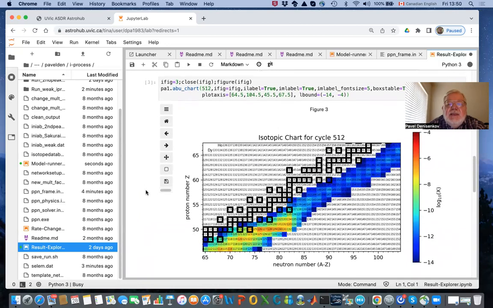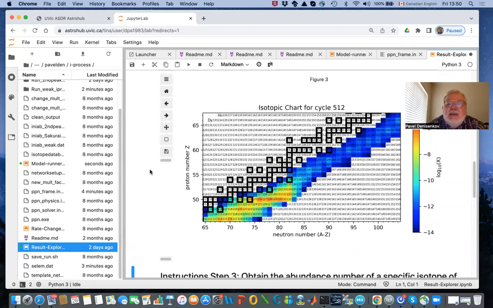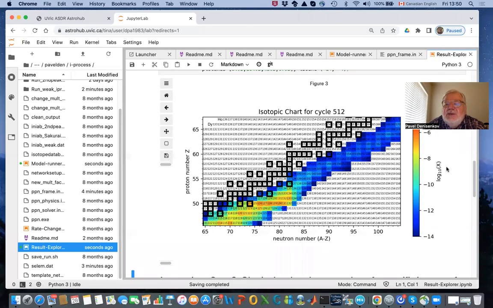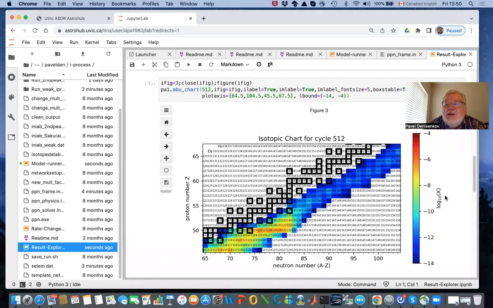Yeah, this plot shows mass fractions with these colors. There is a color map here: decimal logarithm of X, where X means mass fraction of isotopes with different neutron number and proton number. You can see this weak i process produces unstable isotopes away from the valley of stability.